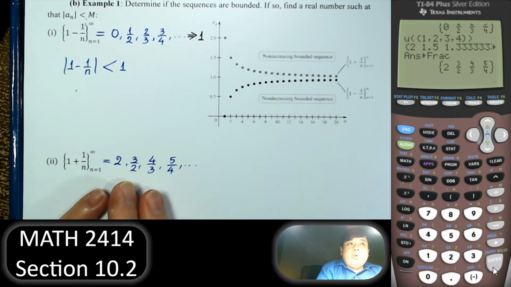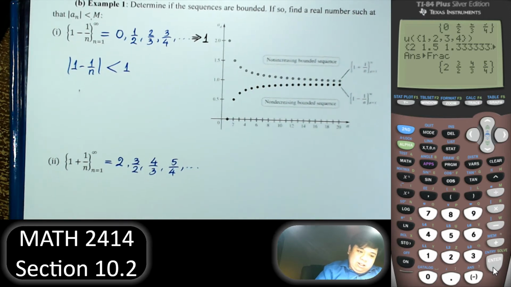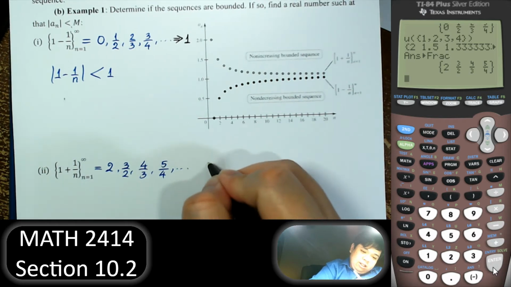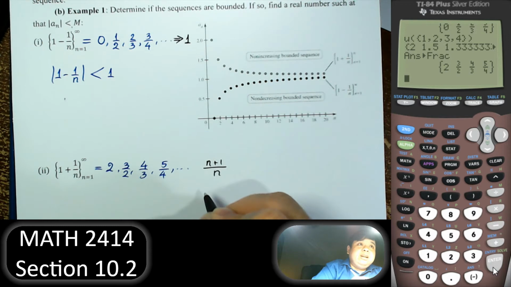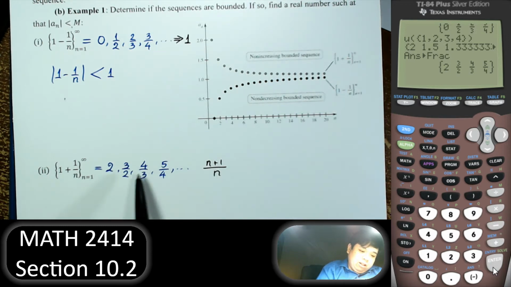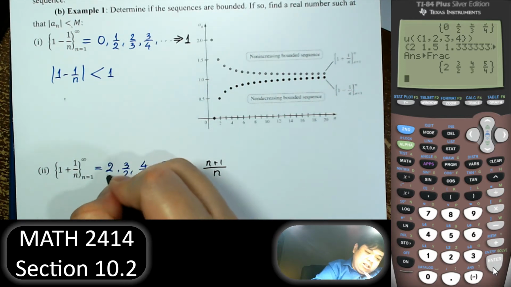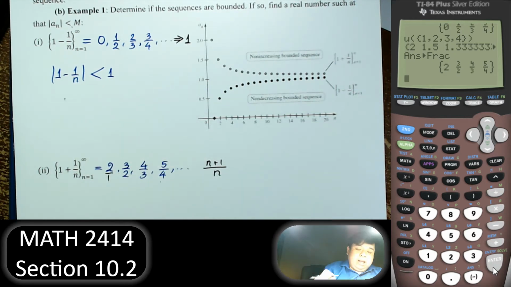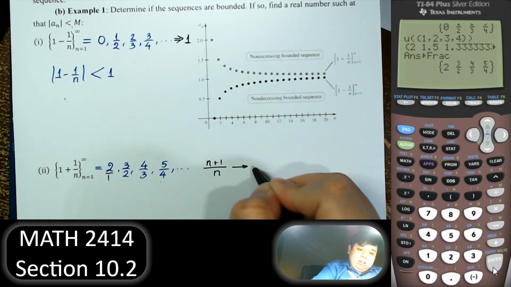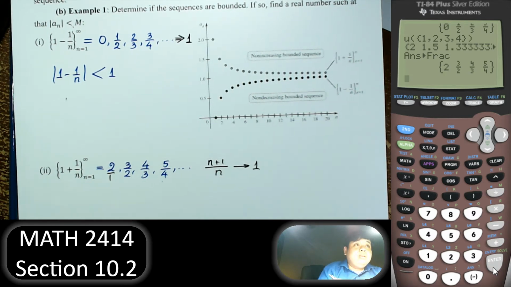If this continues, we're going to have n plus 1 over n. Right? The top is 1 more than the bottom, always. It makes more sense if we write 2 over 1. And that goes to 1. Both of them go to 1.